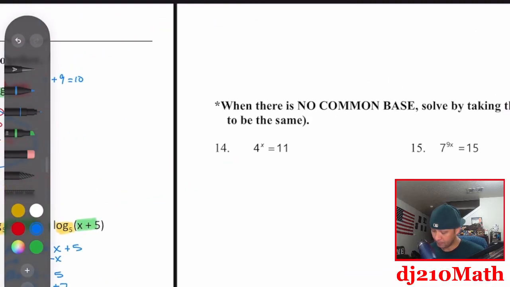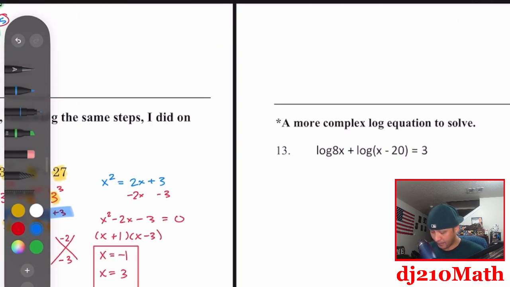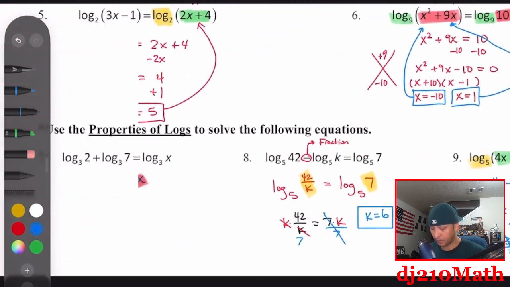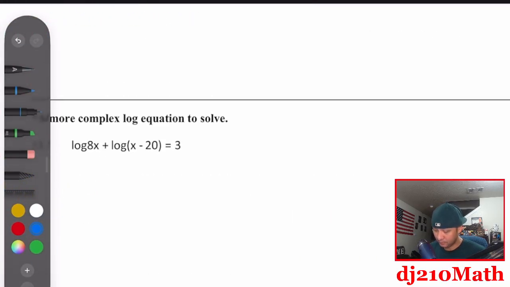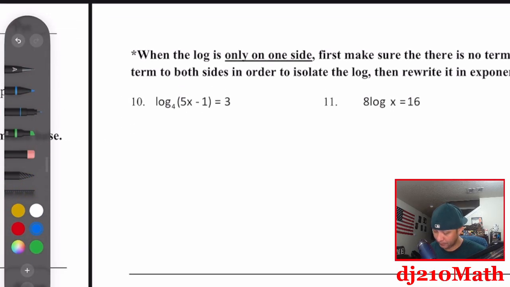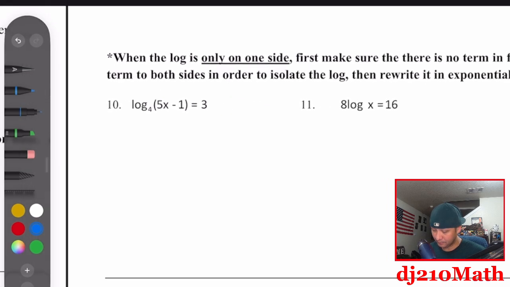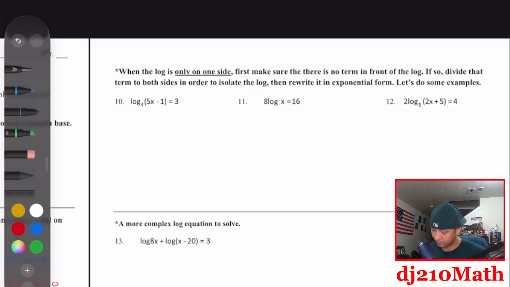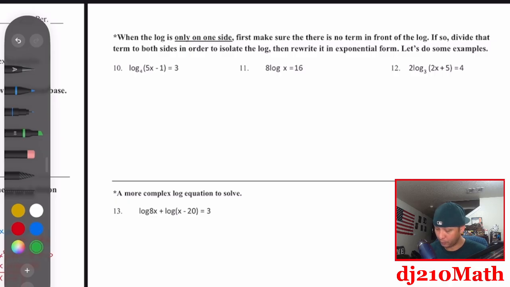Okay, let's go to the back. Halfway done. All right, so here we had logs on both sides. That's what we just did, when there's logs on both sides of the equation. Now, logs are going to be only on one side. So what's going to happen is, we're going to write it in exponential form.